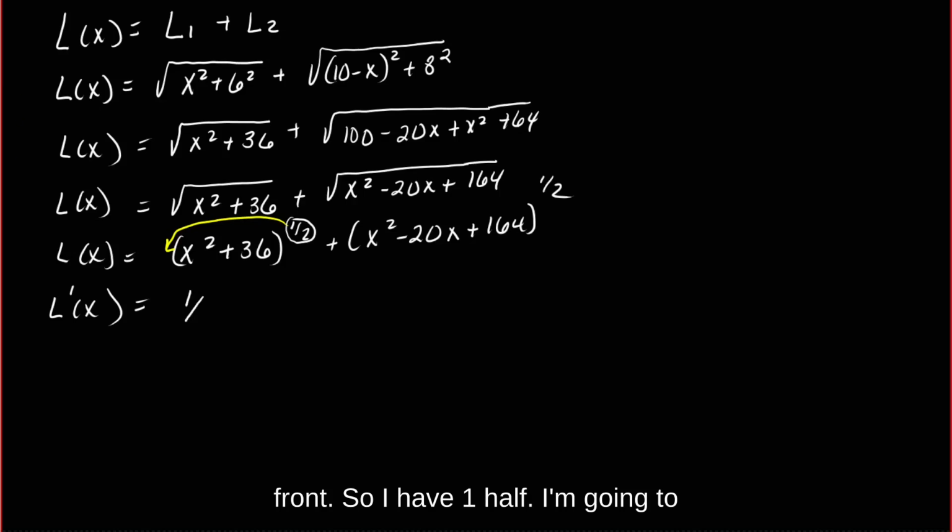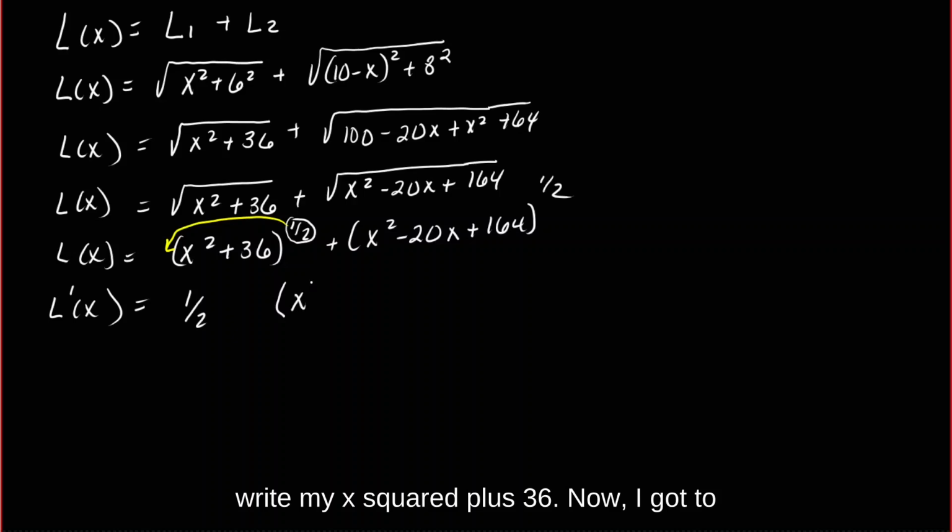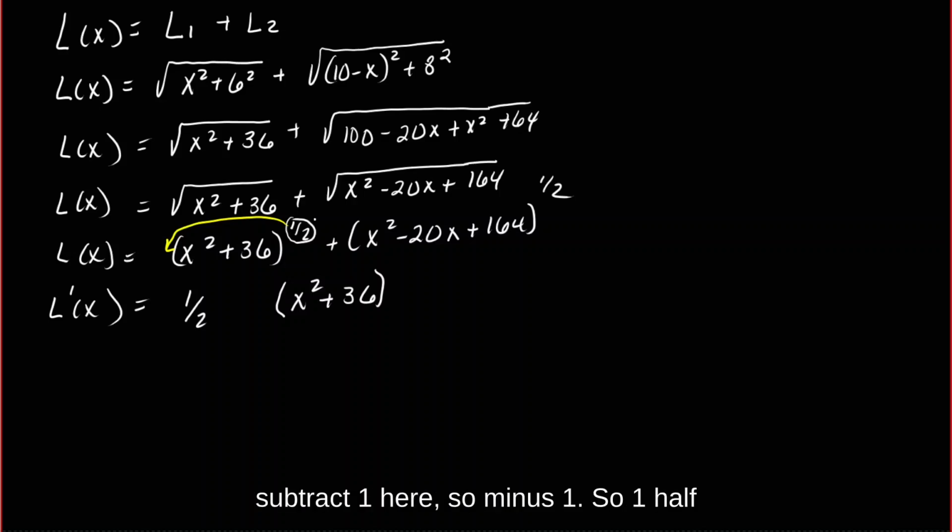So I'll have 1/2. I'm going to leave some space here. And I'm going to write my x squared plus 36. Now, I got to subtract 1 here, so 1/2 minus 1 is negative 1/2 power. So that's the outer.